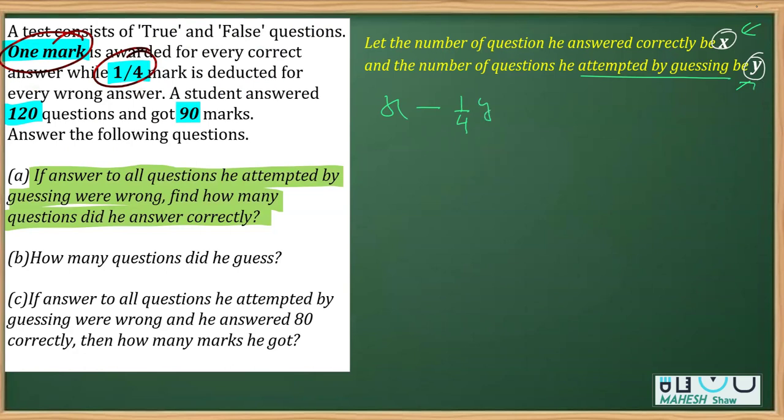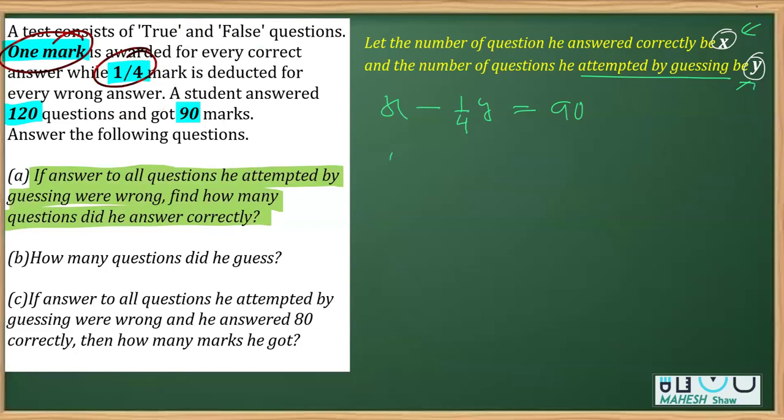So 1/4 of Y will be the total marks deducted. And the total marks he got is 90. Therefore, this is equal to 90.